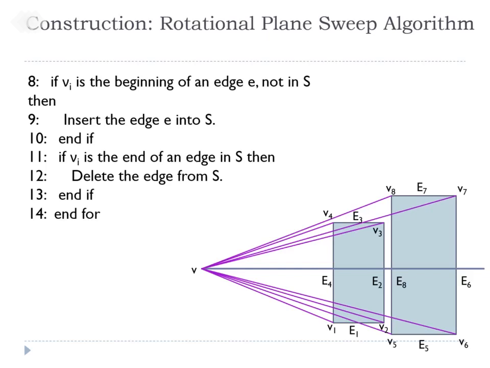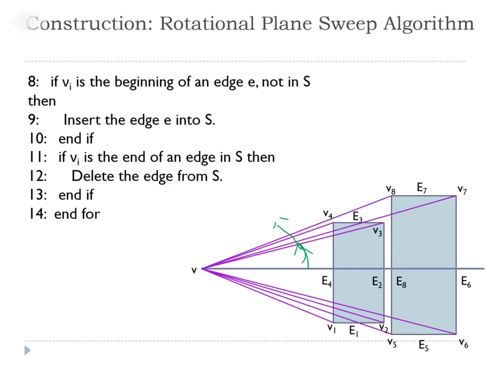So if we are moving in the counterclockwise direction, rotating in the counterclockwise direction, you can see that at this line of sight, which is overlapping with VV3, it is in the same direction as VV3, E3 will be the next edge which will be blocking the line of sight, and therefore E3 has to be added into active edge list S.